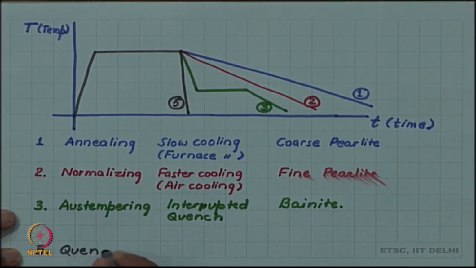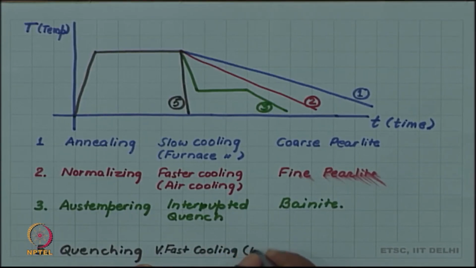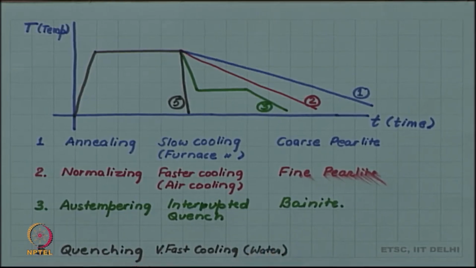This is quenching. So, this is very fast cooling, let us say by putting it in water. This gives the microstructure martensite.